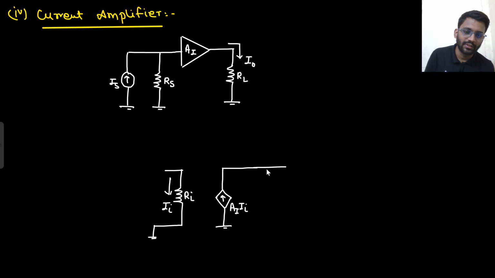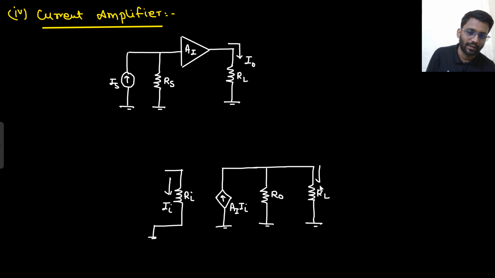Now this current source will certainly have some output resistance as well, that I will show in parallel. For a voltage source, I would show the resistance in series, but for the current source, I would show the resistance in parallel. And here I am having the load, that is RL. This is your output resistance, this is your output current I naught, right?